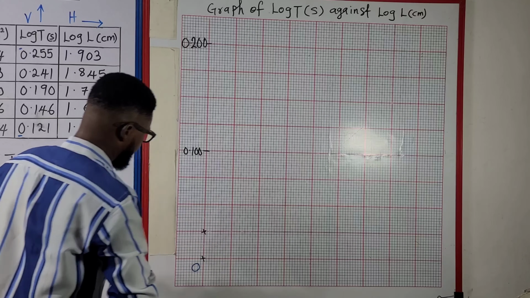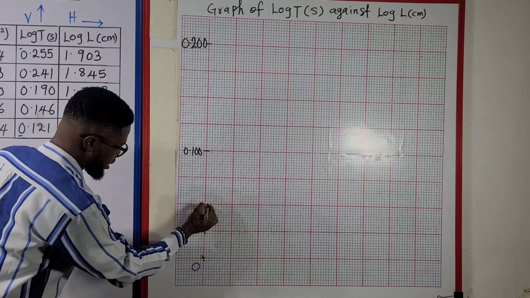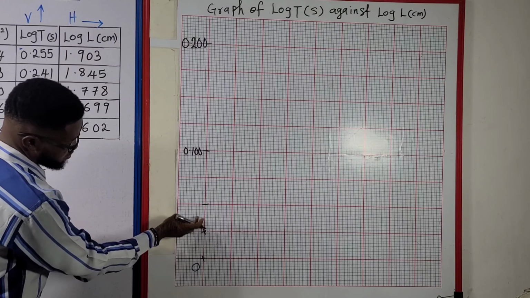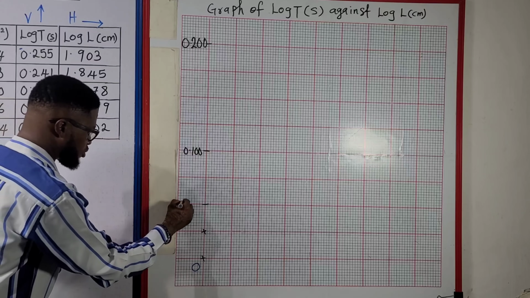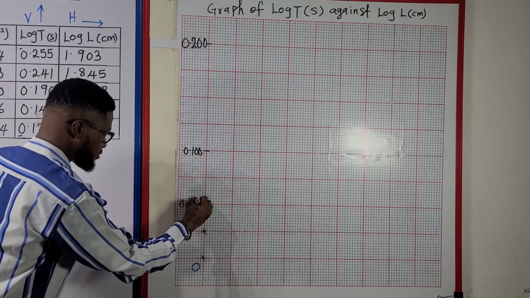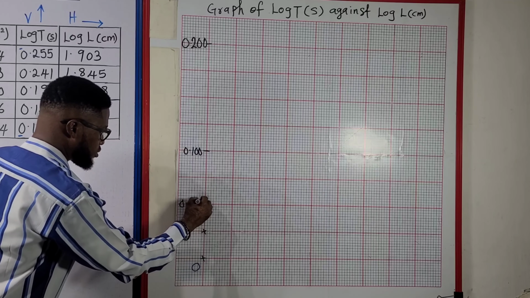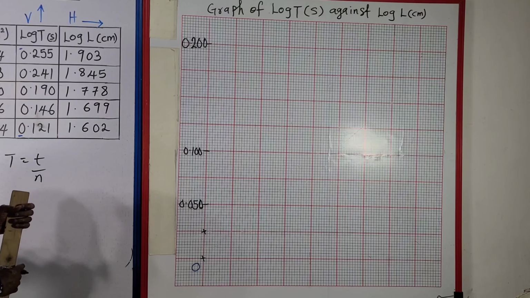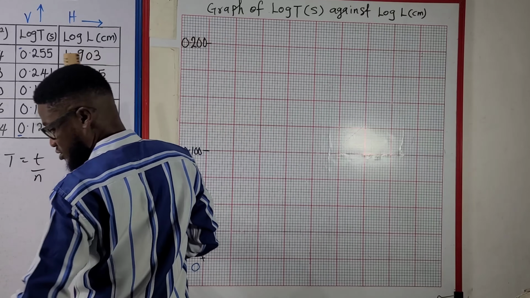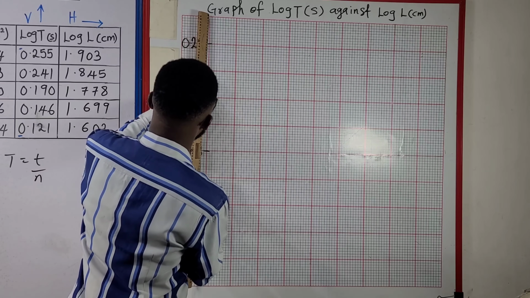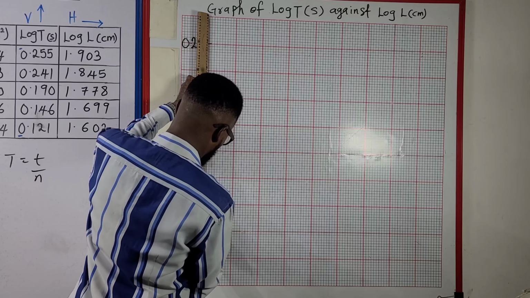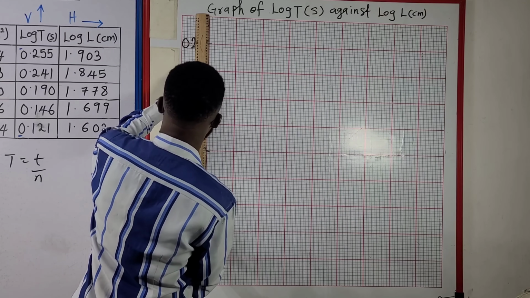So this is more like saying 4 centimeters to represent 0.050. That is the pattern I'm seeing. If I've picked that, I can then decide to draw my vertical line.